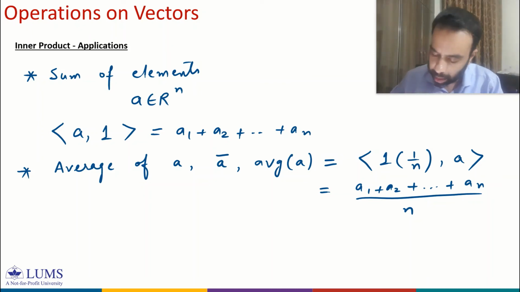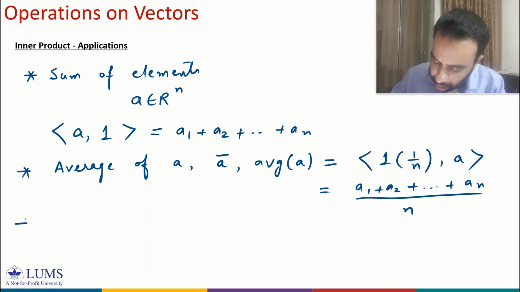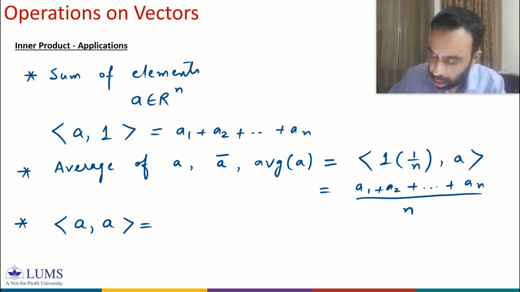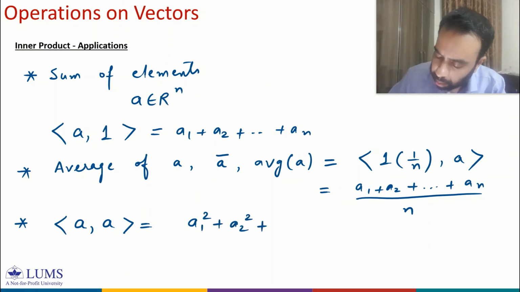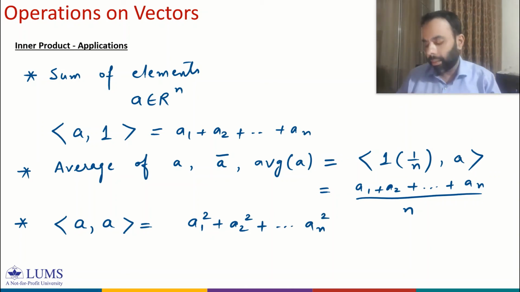That's what you get as the average of a. Similarly, if you want the sum of squares, that is simply given by inner product of a with itself, and what you get is a1 square plus a2 square plus an square.